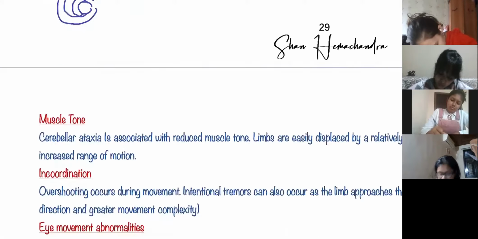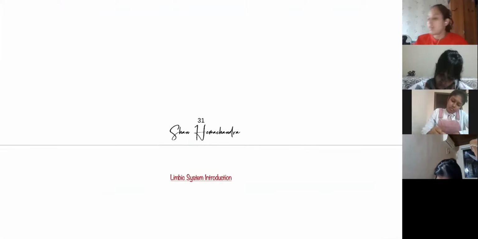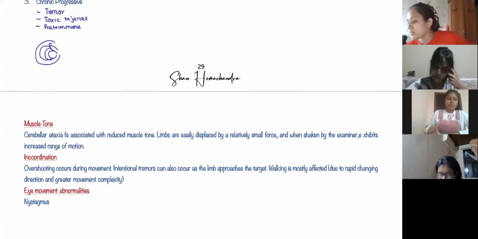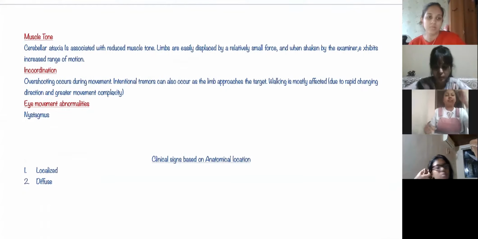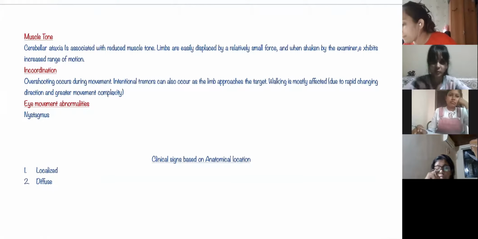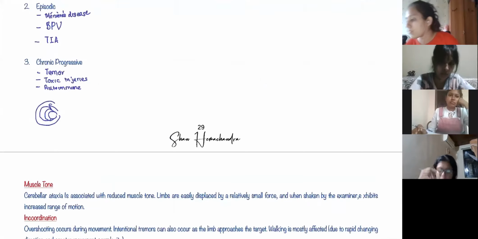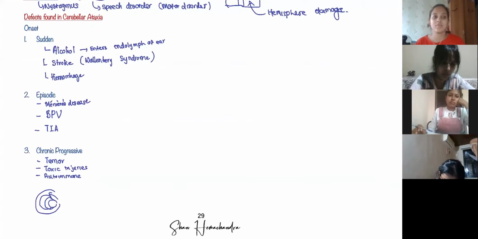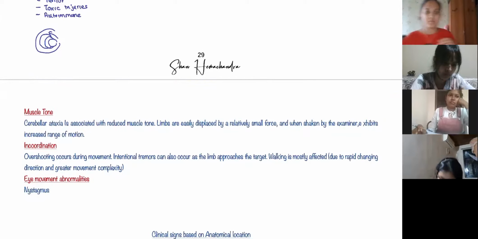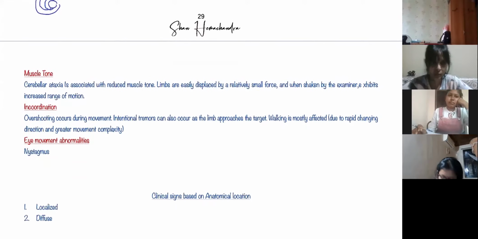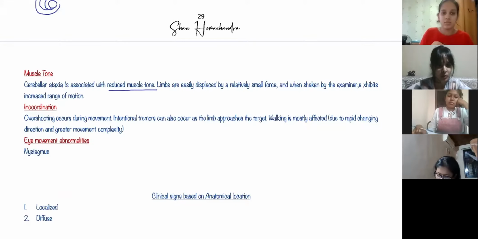Okay, guys, we have very little to do. We are almost done. So let me quickly finish this and I'll recap everything. When there is cerebellar ataxia, you get a reduced muscle tone.